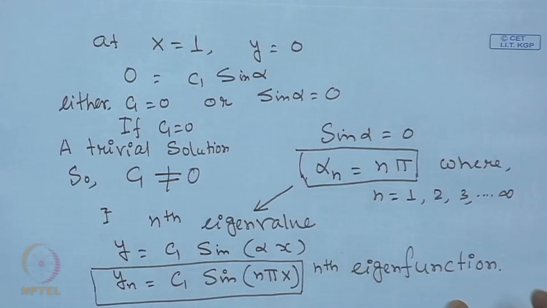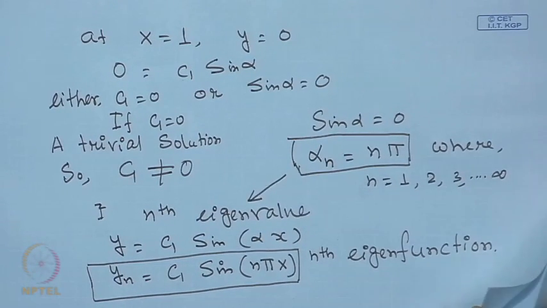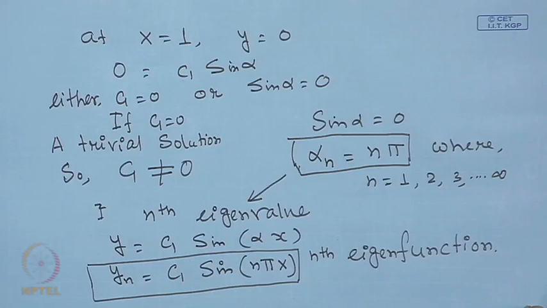Next, we change the boundary conditions from Dirichlet boundary conditions. What we have are homogeneous boundary conditions: at x is equal to 0, y is equal to 0, and at x is equal to 1, y is equal to 0. These are the Dirichlet boundary conditions. Now, let us see what the form of eigenvalues and eigenfunctions is in the case of a Neumann boundary condition.